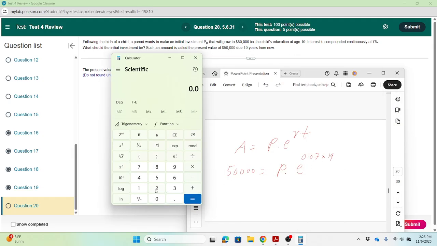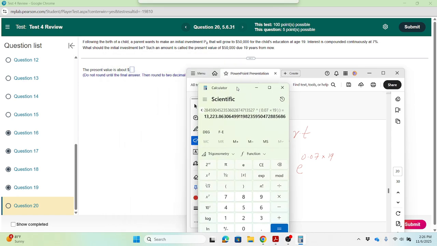So how do you do that? Type 50,000, divide that by parentheses, e to the power, another parenthesis, 0.07 times 19, parenthesis close, another parenthesis, and the answer is $13,223.